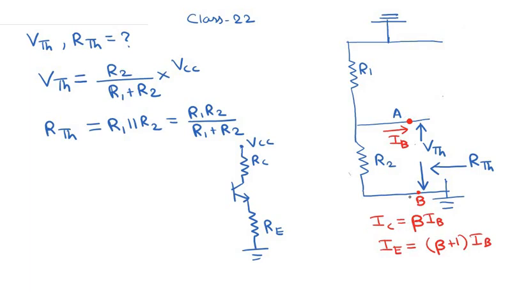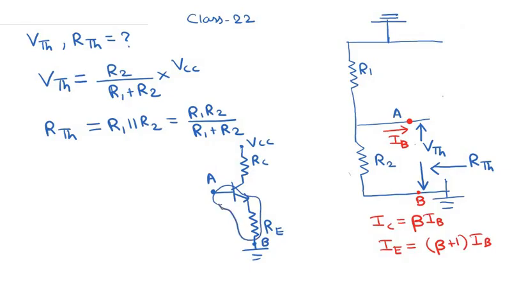So we are basically replacing everything that is connected between the point A and ground by Thevenin's equivalent voltage and Thevenin's equivalent resistance. So this was the point A over here, and this is the ground. So the ground is the point B. So the load is this portion.